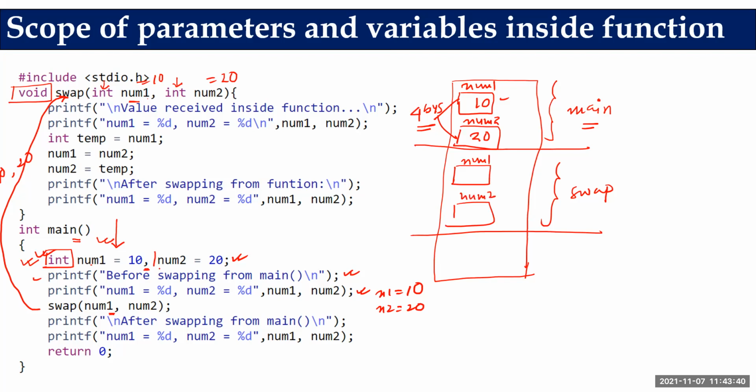What is their value? We are passing 10 and 20 from the main method. See, two different memory blocks, two different rooms. Next, it is going to print this line and also the values of num1 and num2. It prints num1 equal to 10, num2 equal to 20.